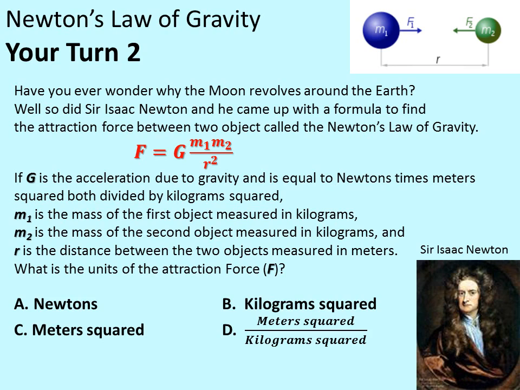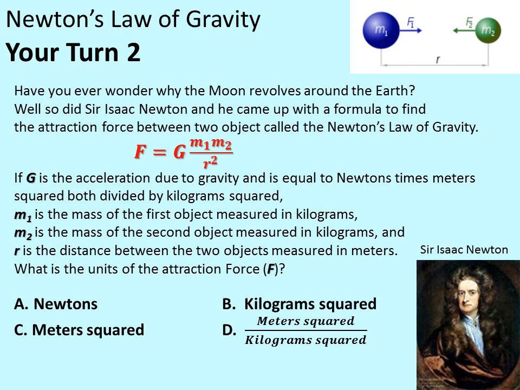Okay, here's your question. Have you ever wondered why the moon revolves around the earth? Well, so did Sir Isaac Newton, and he came up with a formula to find the attraction force between the two objects called Newton's law of gravity. And you'll notice in the red we have Newton's law of gravity.